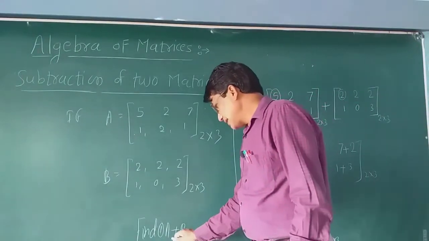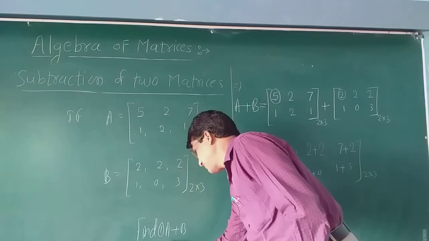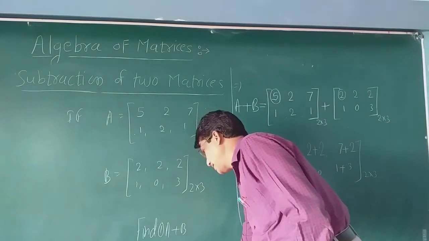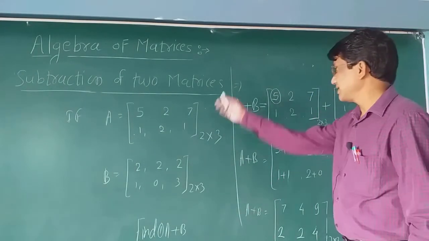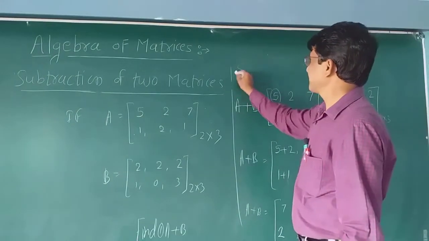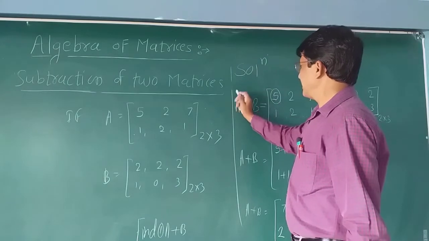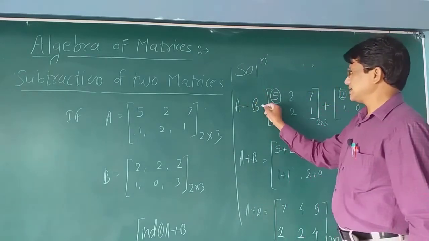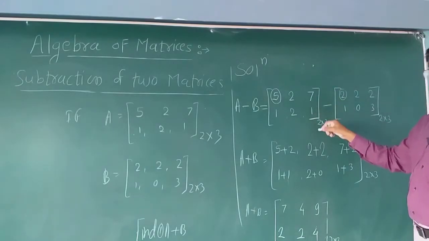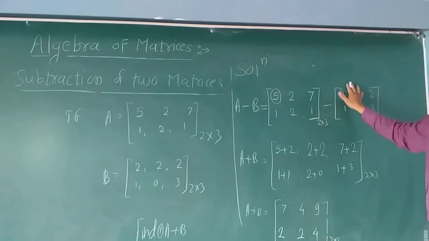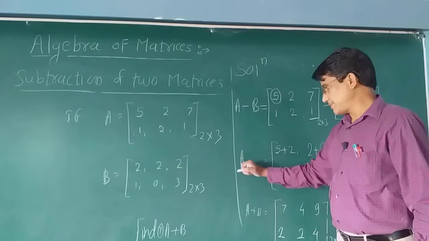Here we found A plus B; instead of A plus B, find A minus B. Okay, we have to find A minus B. For the solution, A minus B is equal to: first write the A matrix, then minus, after that write the B matrix.